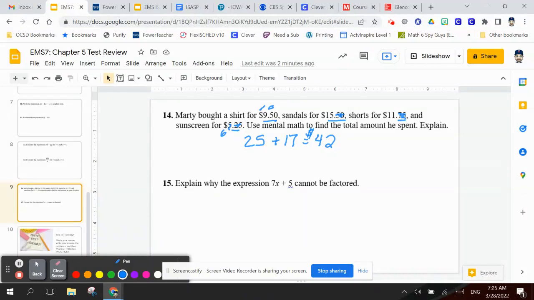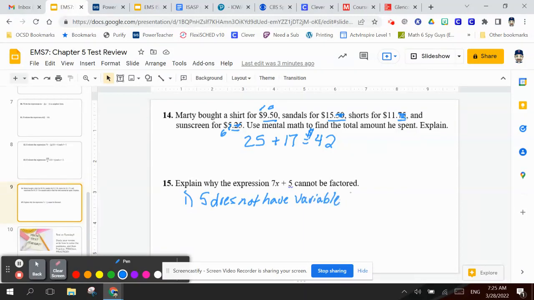Number 15 says explain why the expression 7x plus 5 cannot be factored. Well, reason number 1 is because 5 does not have a variable.